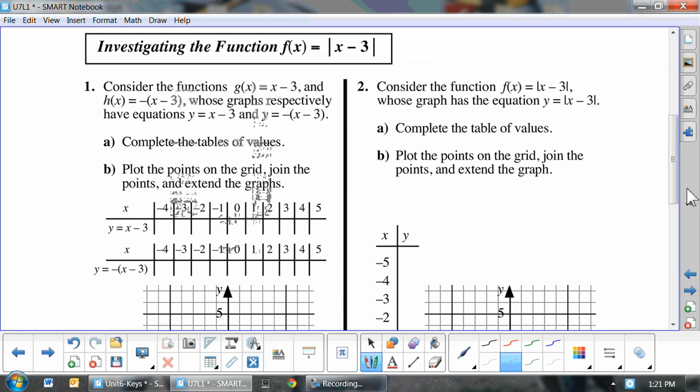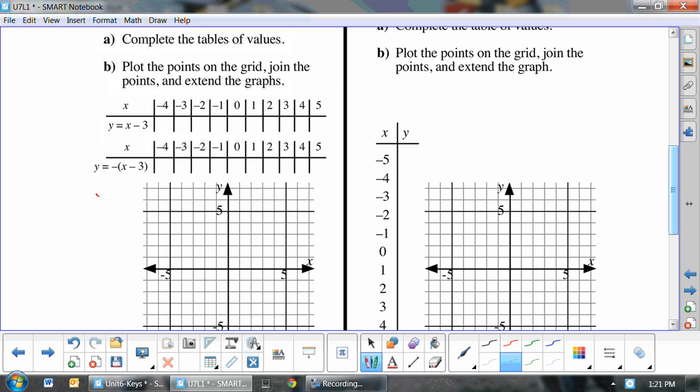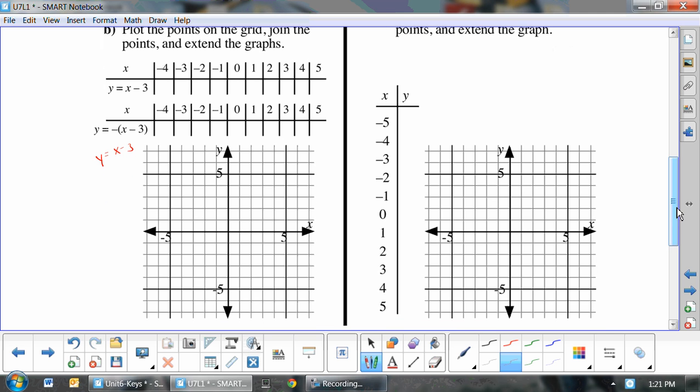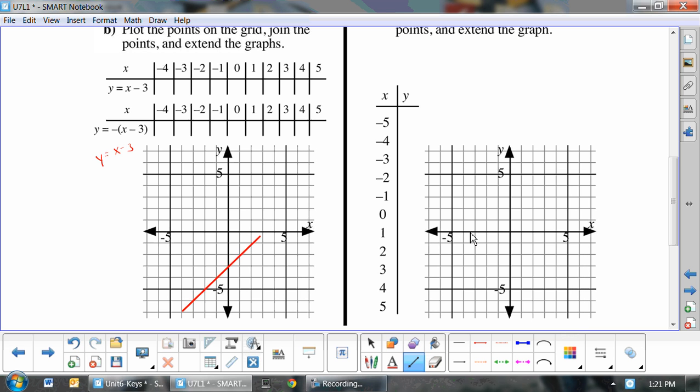So we're going to make things just a little bit more complicated now. So we have y is equal to x minus 3. So we'll go like this. Like that. So that's the line for y is equal to x minus 3.